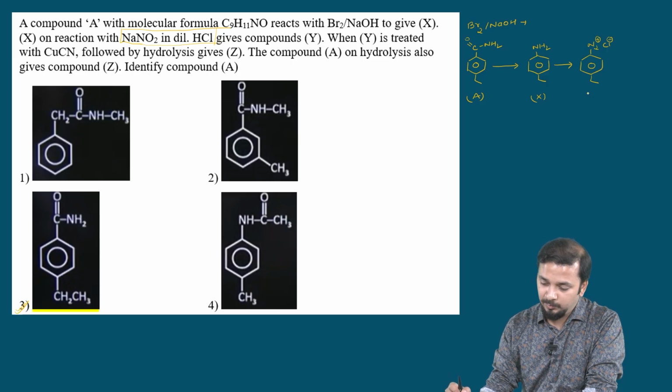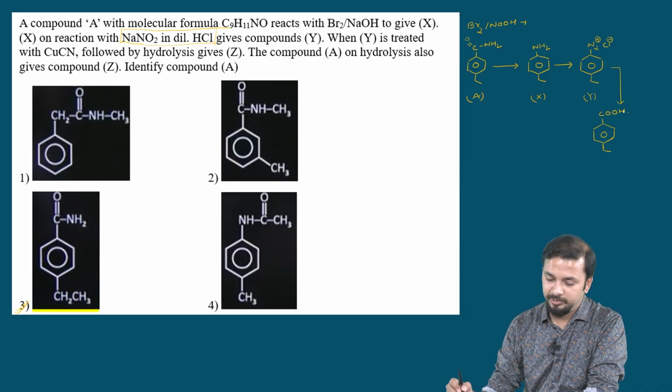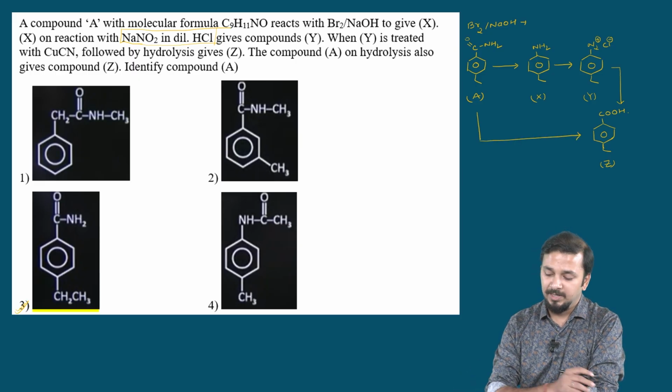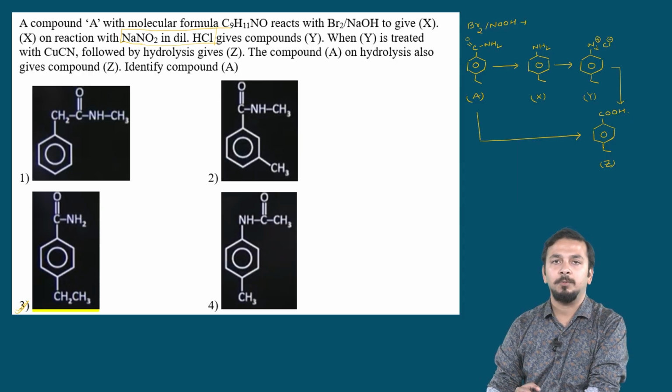Now this compound is Y. This Y is again treated with CuCN followed by hydrolysis. So CuCN will first convert it to CN, and after hydrolysis it will be converted to COOH. This is compound Z. And this is also true that A can give us Z when it is undergoing hydrolysis, which means the correct answer for this question is option 3.